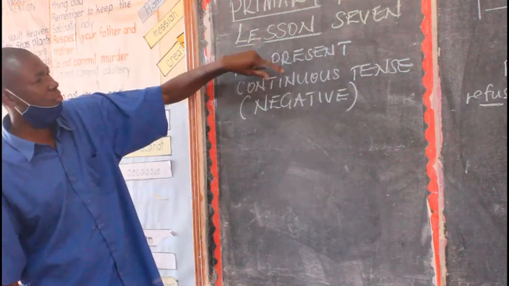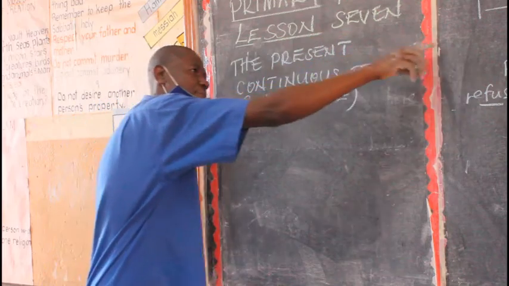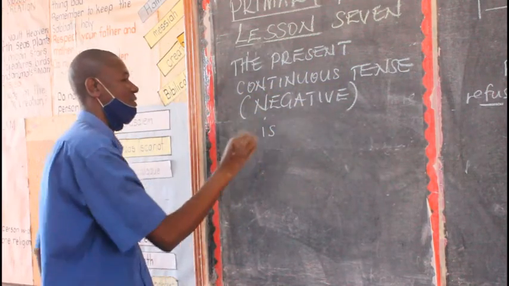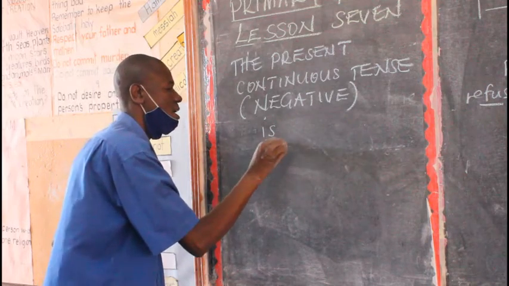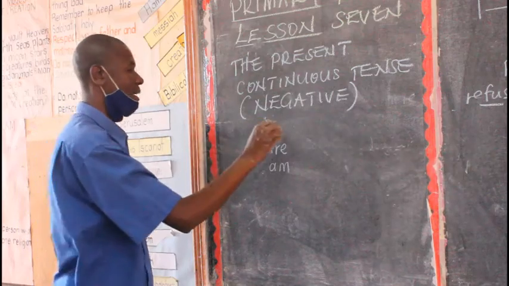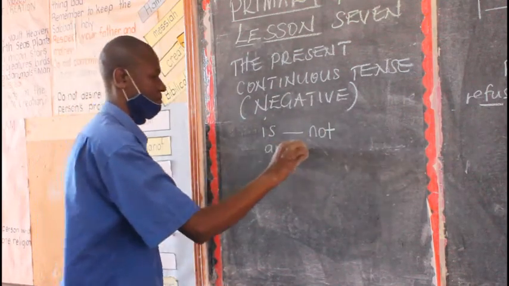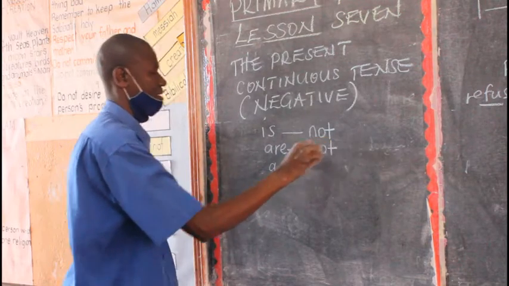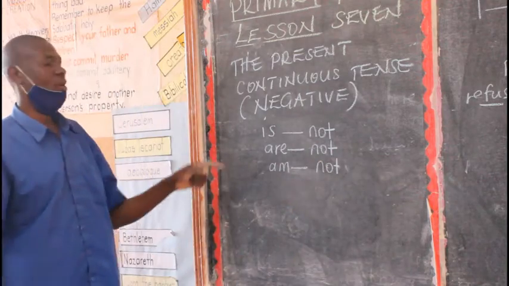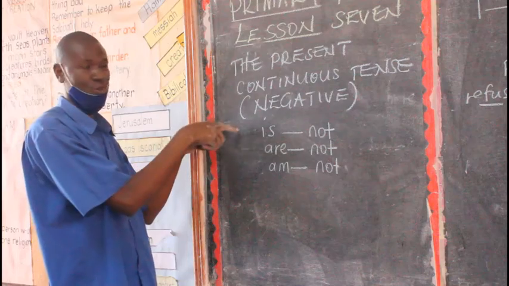Now, in the present continuous tense negative, the helping verbs that I have talked about, that is helping verb is, helping verb are, and helping verb am, simply add the word not. Such that when you are using is, you know the rule of using is for singulars.